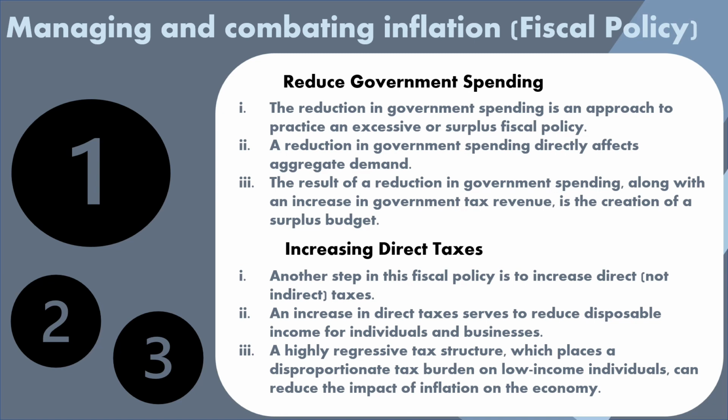Second, a reduction in government spending directly affects aggregate demand by reducing purchasing power through wage cuts and project delays. The overall demand for goods and services decreases.